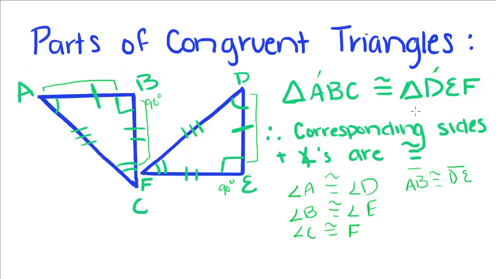BC is congruent with EF. And AC is congruent with DF.